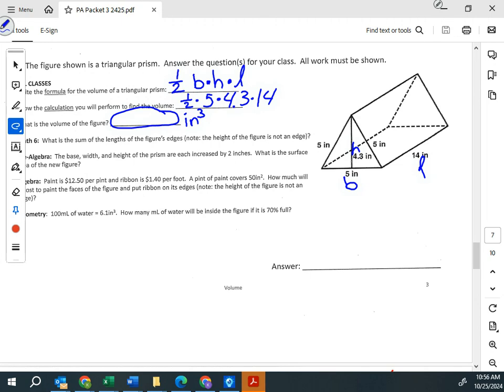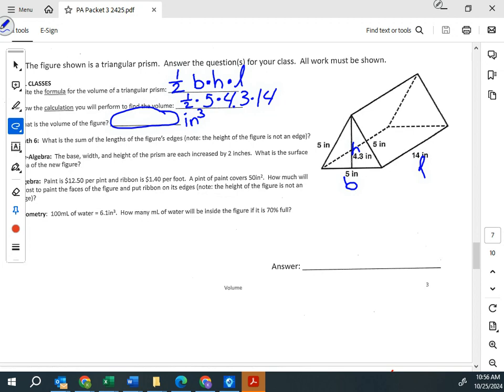Then our pre-algebra question says the base, the width, and the height of the prism are increased by 2 inches. What is the surface area of the new figure? So think back to the previous page, surface area. If you increase everything by 2 inches, you're going to have a new surface area.